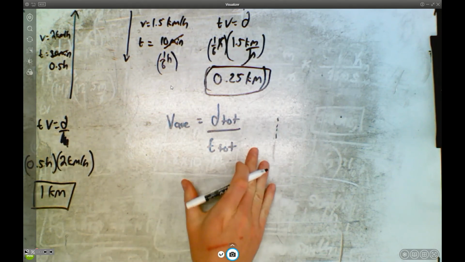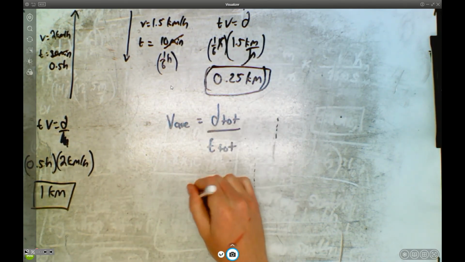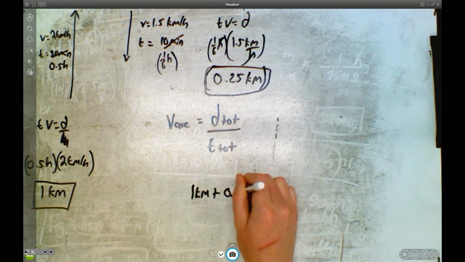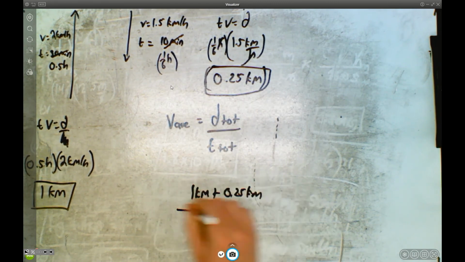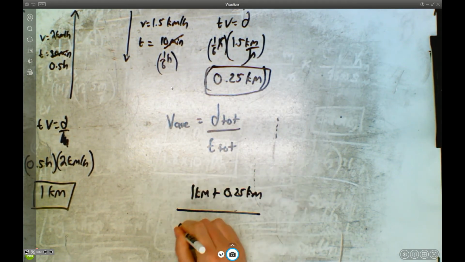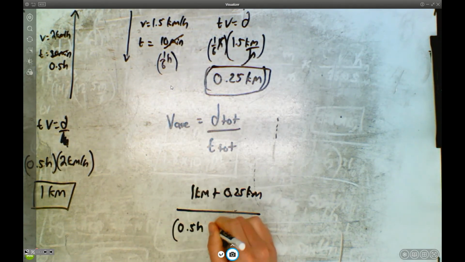Now I'm ready to plug it into this. My total distance is 1 kilometer and 0.25 kilometers. Direction doesn't matter. My total time, well, I go half an hour, and then I go 1/6 of an hour. So when I type all that in, I should be able to get my answer.